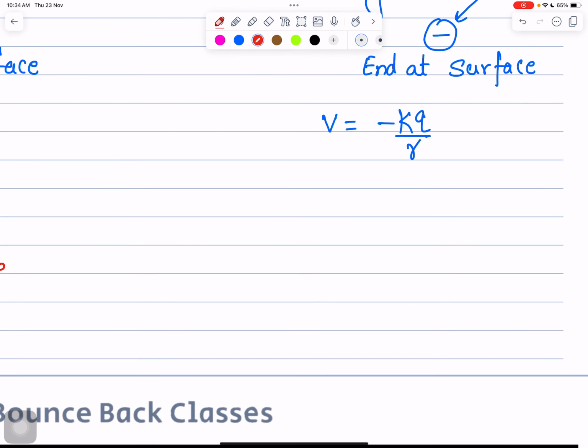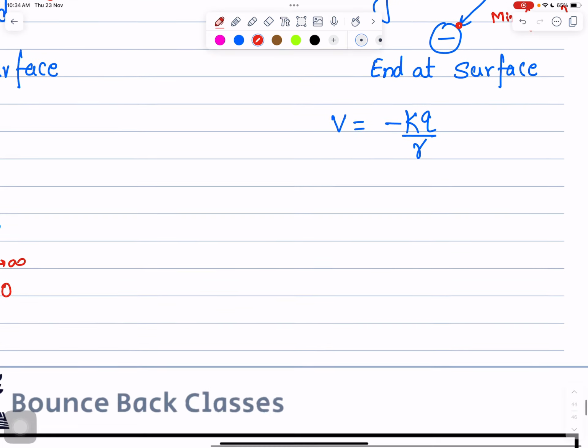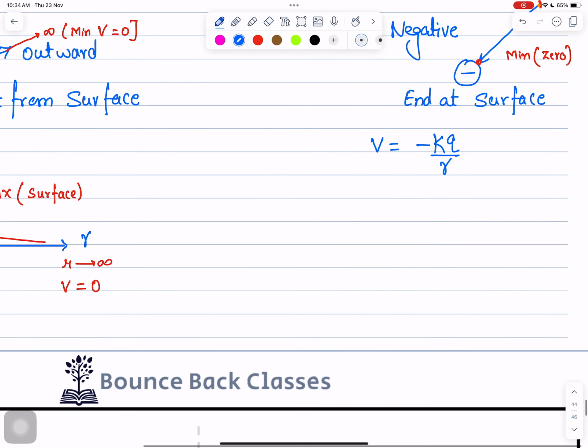In case of negative charge, you need to understand now. I told you it starts from infinity, this is your infinity point. So what is the value of V? Maximum. And what is the value here? Minimum, which becomes 0. Same thing you need to focus on in the graph. Let's say this is our graph. This is our negative V, and this is your R, in quadrant number 4.